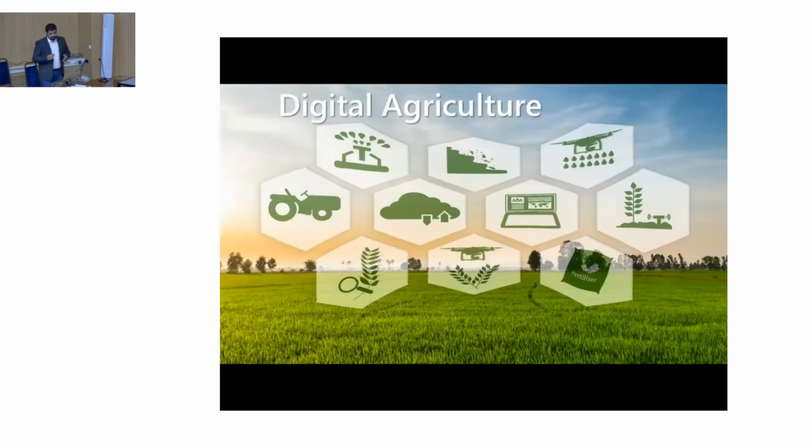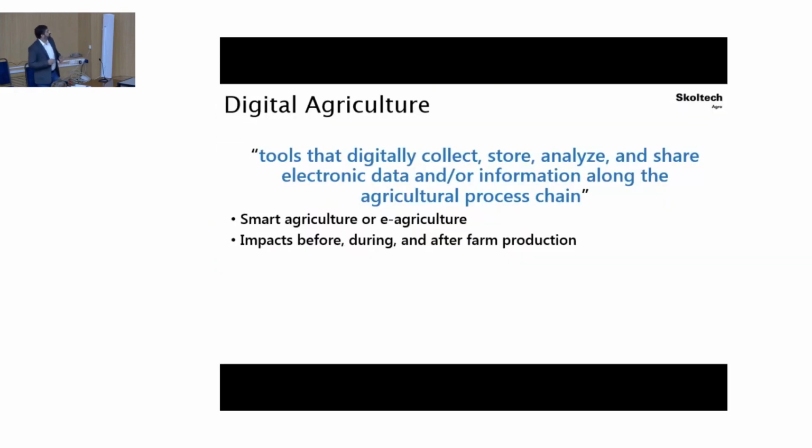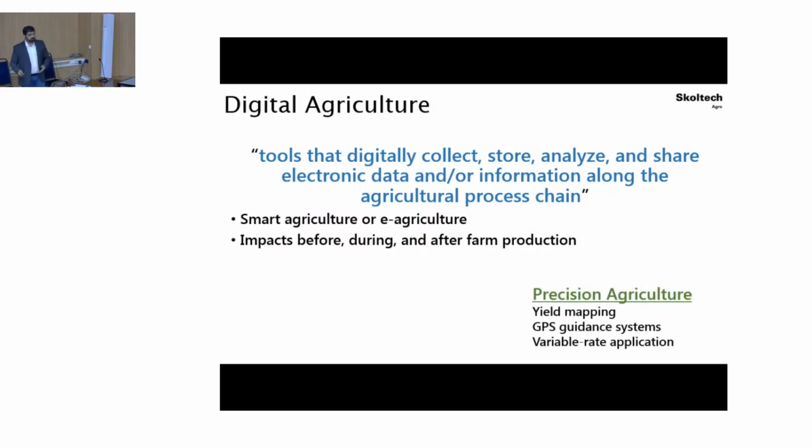So one of the major users of all this data is what we call digital agriculture, right? What is digital agriculture? It is simply the tools that help us to digitally collect, analyze, and share the data. It's also called smart or e-agriculture. And you guys might have heard of precision agriculture, which is a sub part of digital agriculture, right?